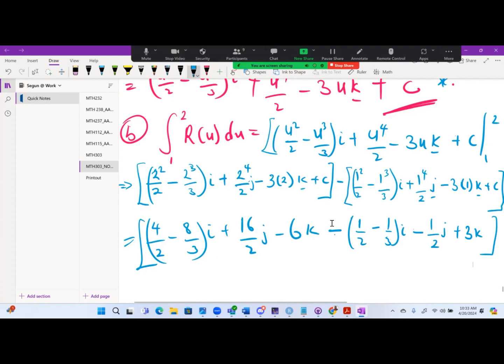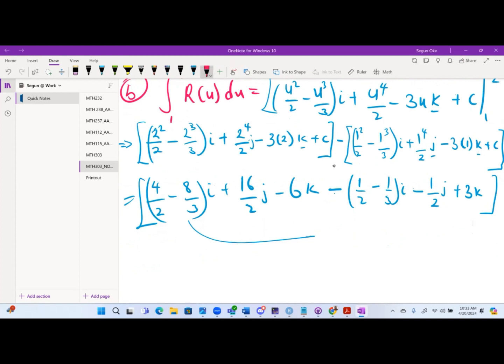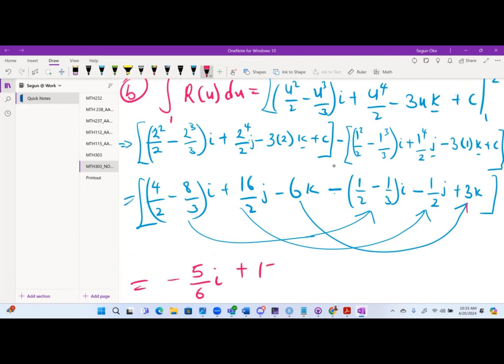So if you resolve this one very well, let the I go to I component. Let the I go to I, J goes to J, then K goes to K. You will arrive at minus 5 over 6I plus 15 over 2J minus 3K.